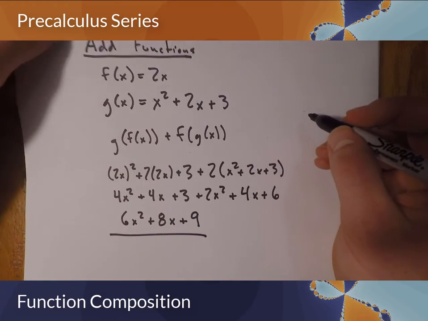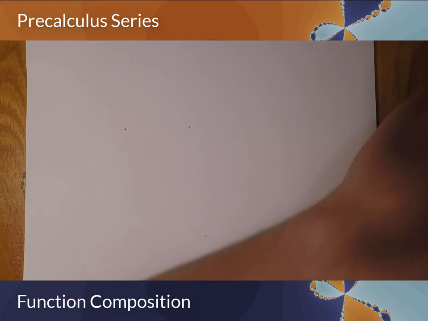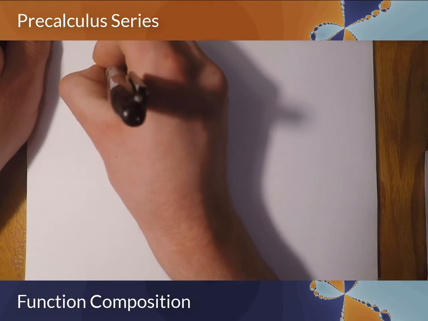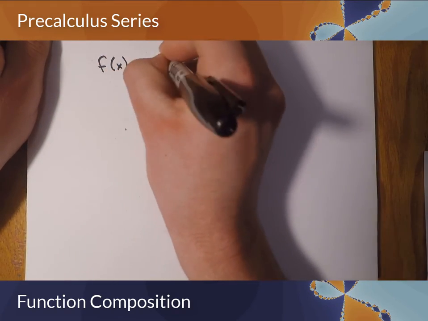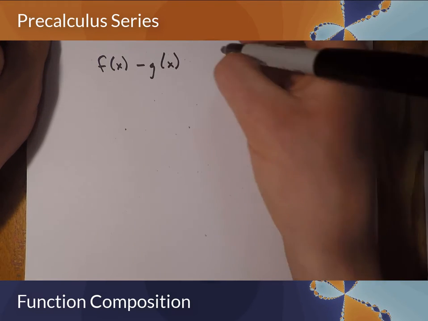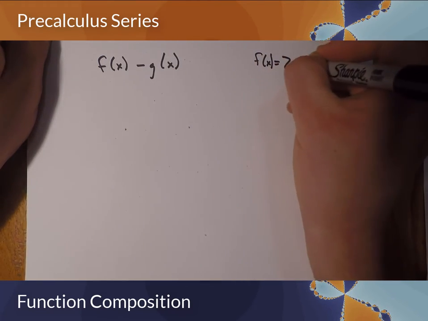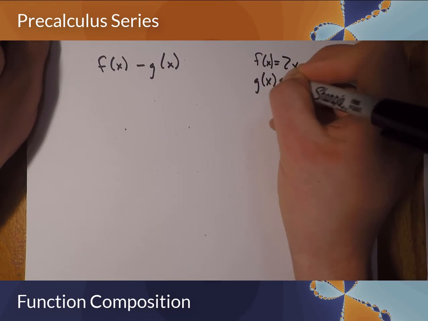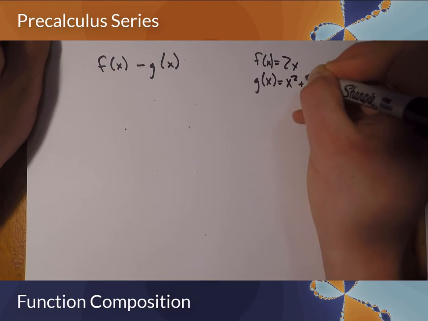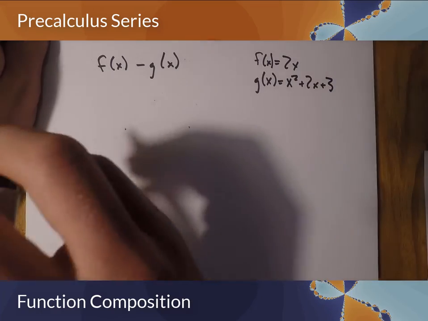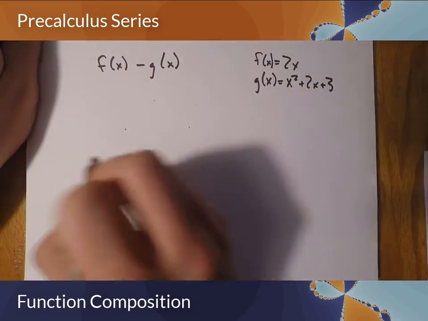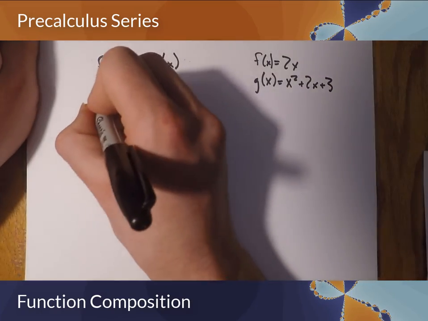Or what if I said f of x minus g of x. I'm just going to put this right over here, just to remind you what these two functions are. So f of x equals 2x, g of x equals x squared plus 2x plus 3. I just want to make sure you guys don't forget that. So f of x is 2x. You just sub that in there.